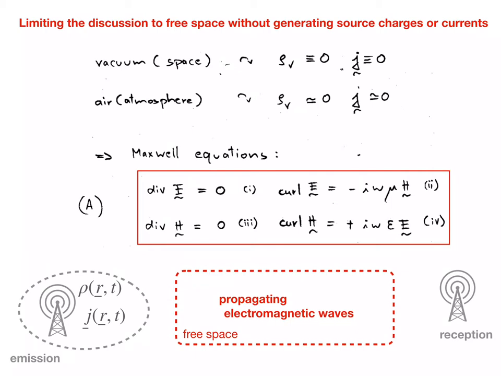Since the relative permittivities are very similar, our discussions for vacuum also apply to air and the atmosphere. The focus of the discussion is illustrated at the bottom.